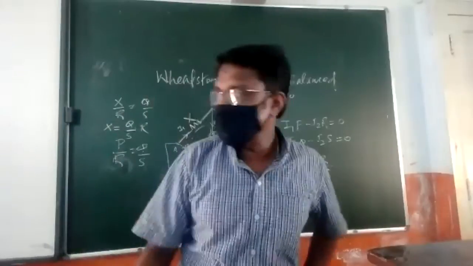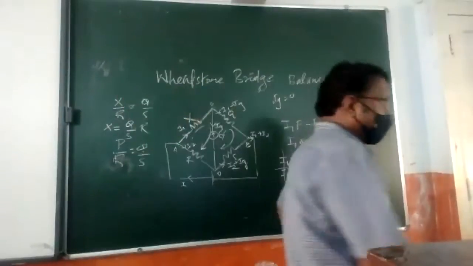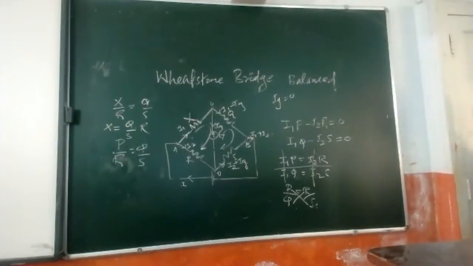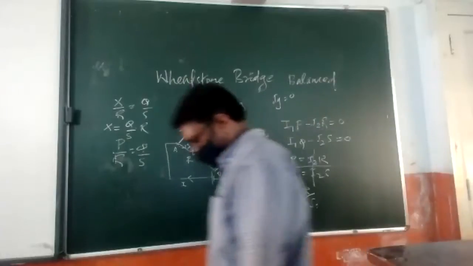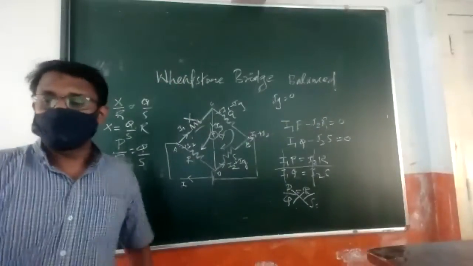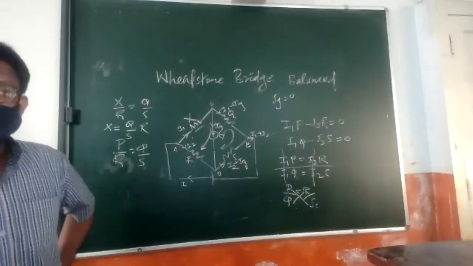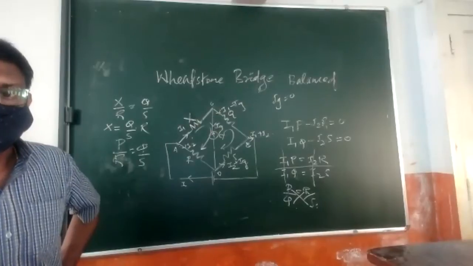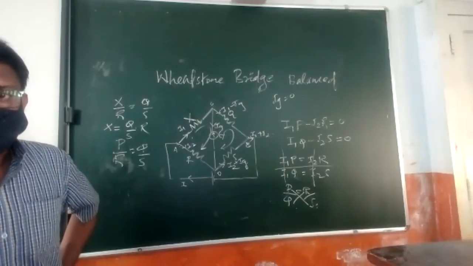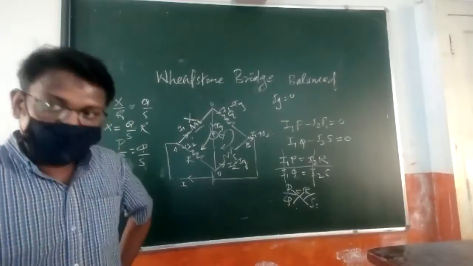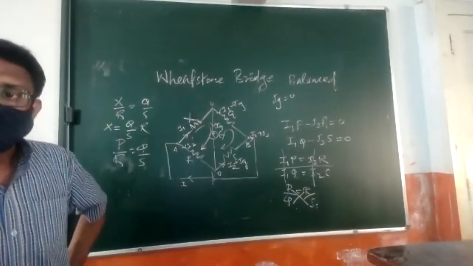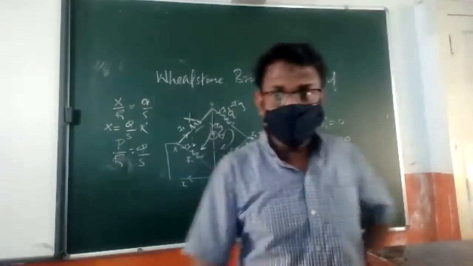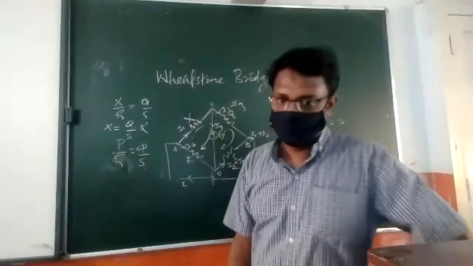Now you write at balanced condition, the ratio of resistors on either side of the galvanometer remains same in a Wheatstone bridge.